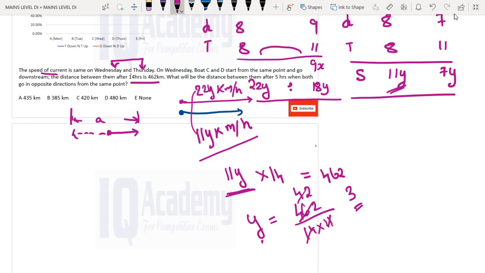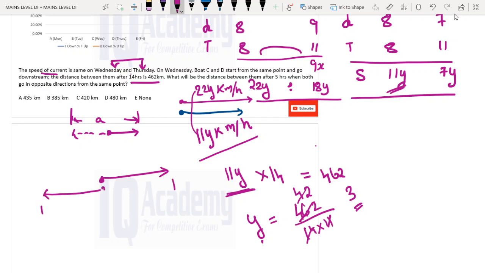Now we found the value of y as 3, and we have to find the distance between them after 5 hours when they both go in the opposite direction from the same point.